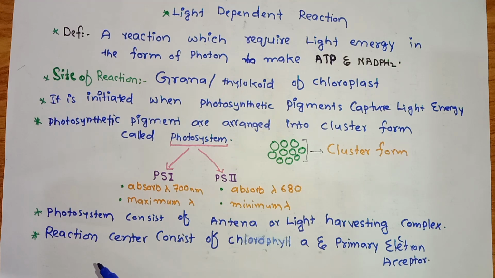It also contains a reaction center. The reaction center has chlorophyll a molecule and a primary electron acceptor. For the primary electron acceptor, there are pheophytin and ferredoxin that accept the electron from the sun and transfer it to the other complexes, and in the end we get NADPH and ATP molecules.